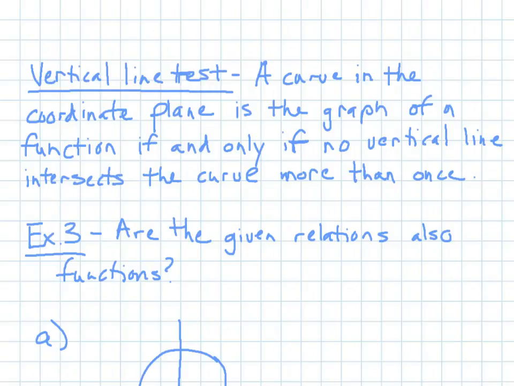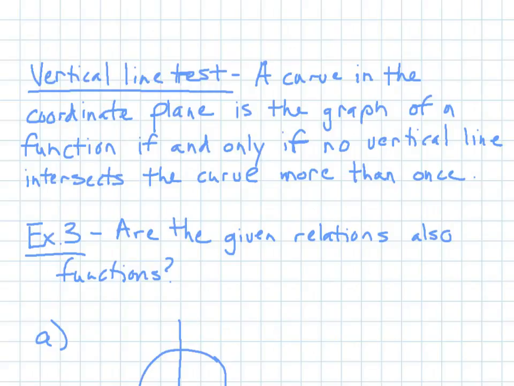Now, to be able to tell whether something is a function, you can use something called the vertical line test. And the vertical line test says a curve in the coordinate plane is the graph of a function if and only if no vertical line intersects the curve more than once.